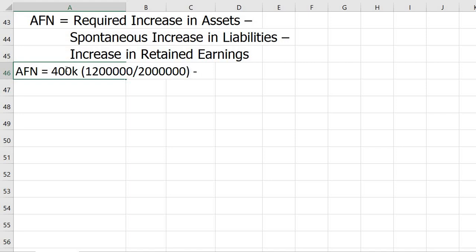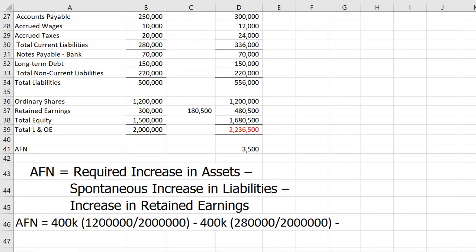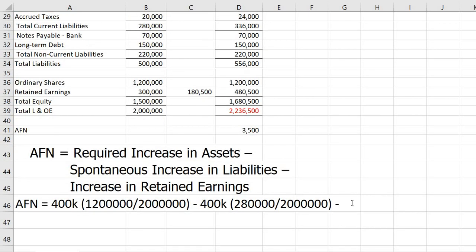Then we deduct the spontaneous increase in liabilities, so that's 400,000 again, times the current liabilities, because those are what we considered as spontaneous liabilities. So it amounts to 282,100.